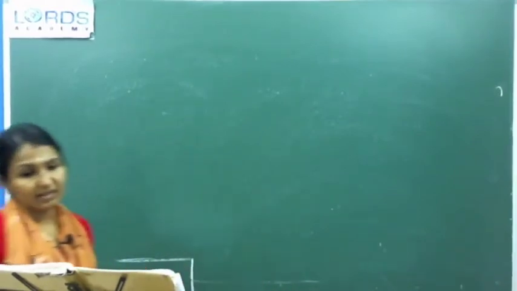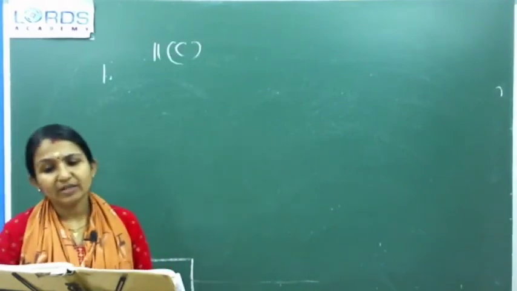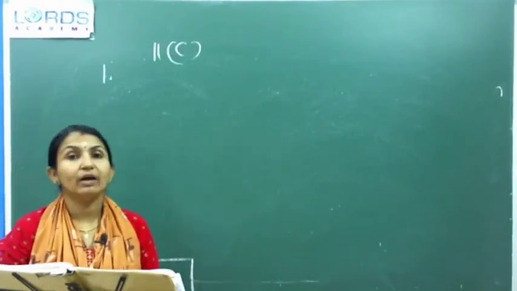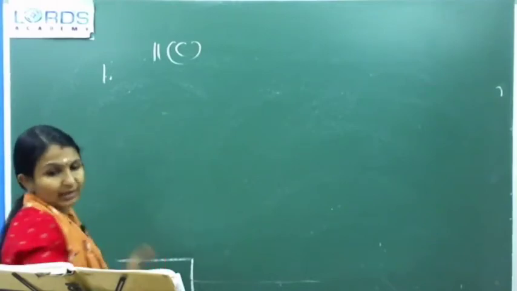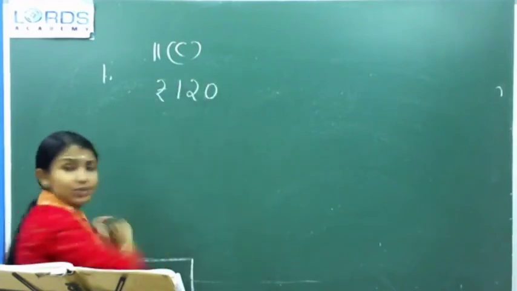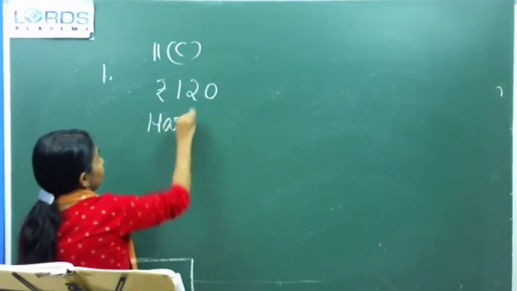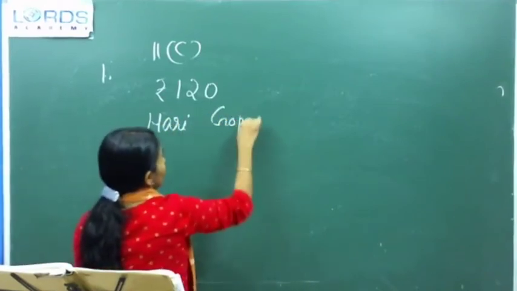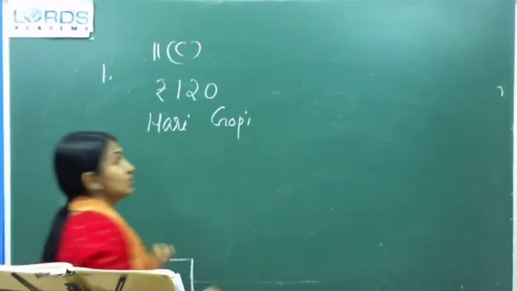Exercise 11C, in that first question: rupees 120 is to be divided between Hari and Gopi in the ratio 5:3. So the amount is 120 rupees and it should be divided among Hari and Gopi in the ratio 5:3.